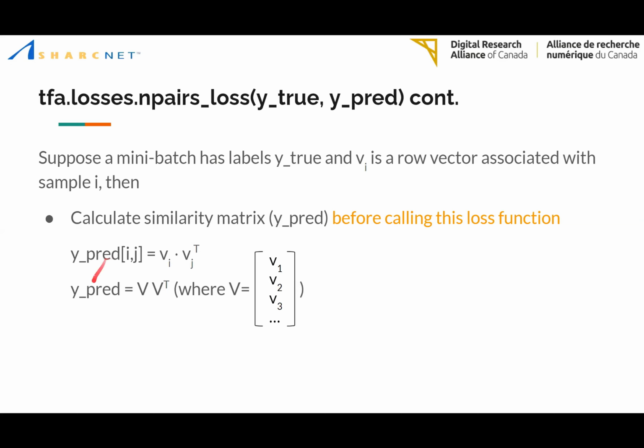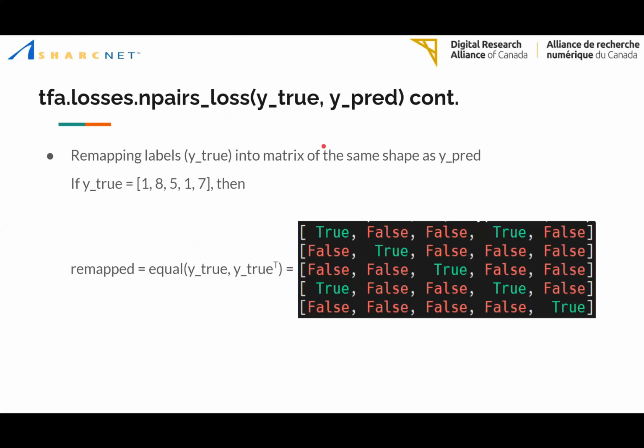Once we have this calculated, we have the similarity matrix and we are ready to use this loss function. How it works inside is not our business anymore, but the responsibility of this function. But here I just want to illustrate how it works. Basically, suppose you have labels like this, the diagonal, you remap it to the same shape as the prediction.